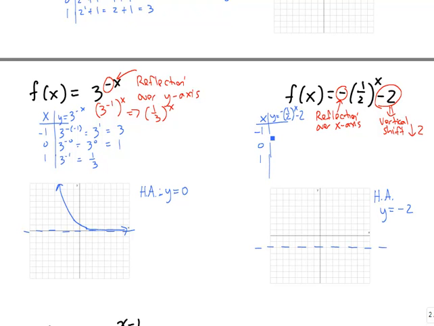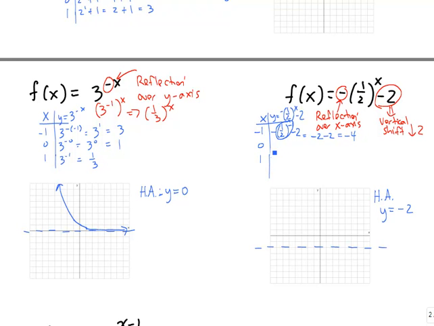So if I plug in a -1, then I want minus parentheses 1/2 to the -1, minus 2. Now a -1 exponent flips over this 1/2. So when you flip over a 1/2, it turns into a 2. But there was that minus in front, and there was the -2 on the side, so we end up with -2 minus 2, which is -4.